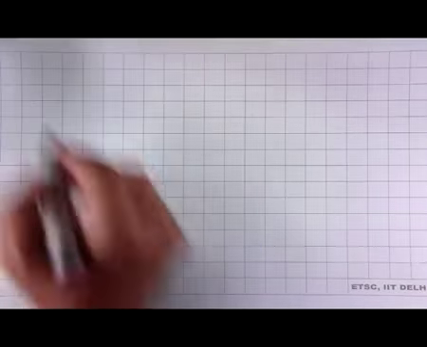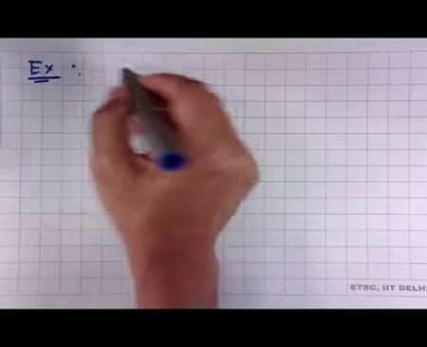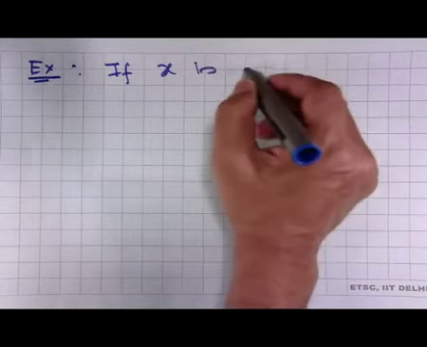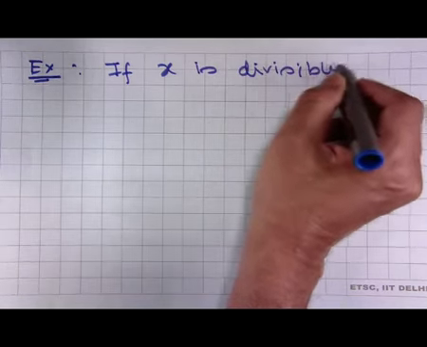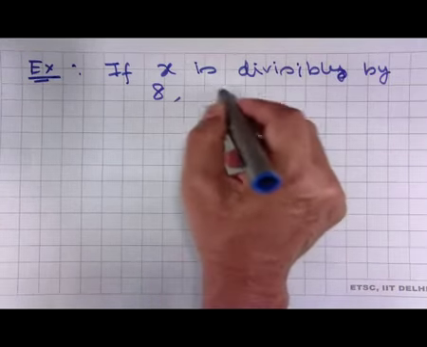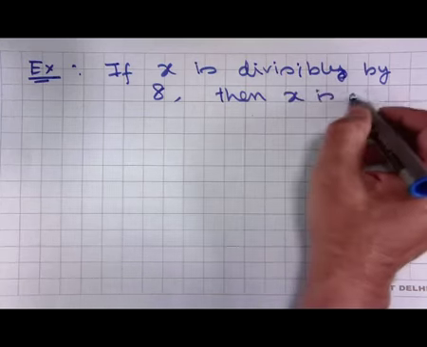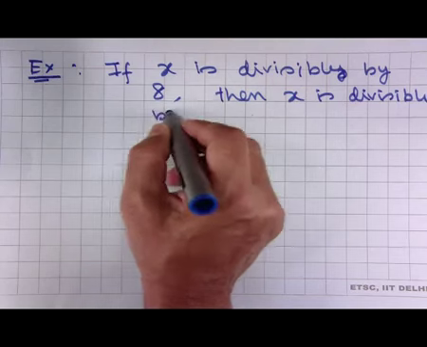Okay? We can give many such examples. So, to illustrate, let me consider: if x is divisible by 8, then x is divisible by 4.